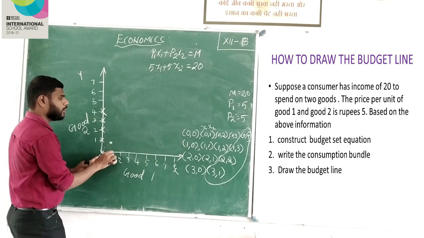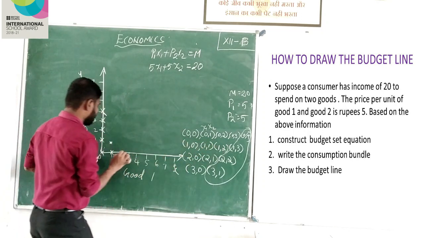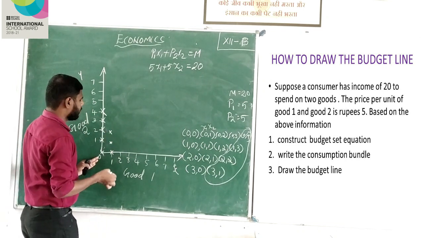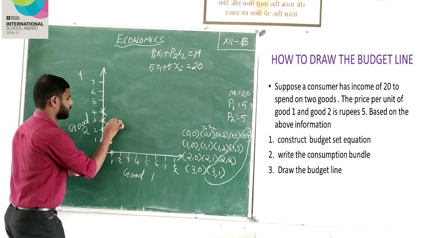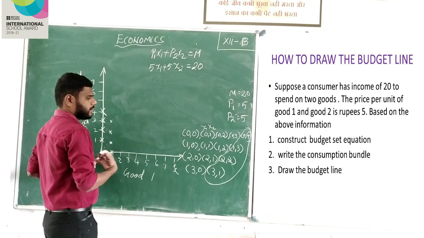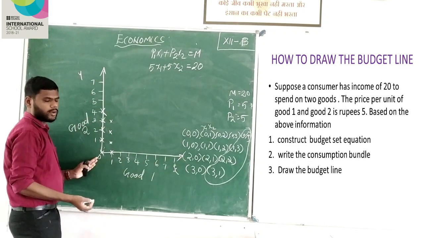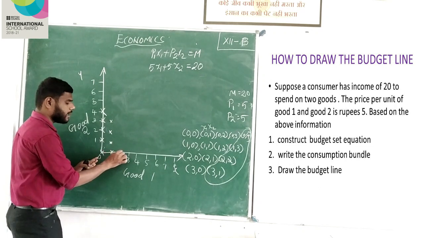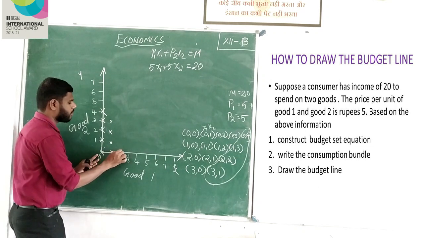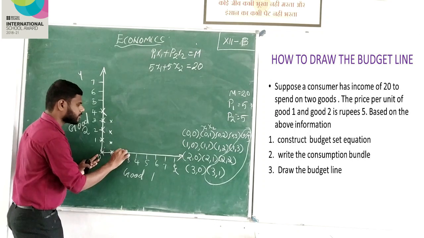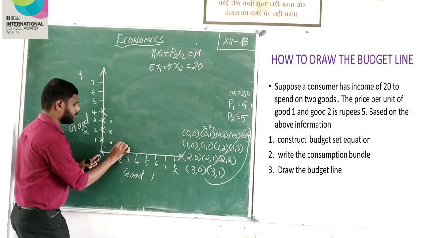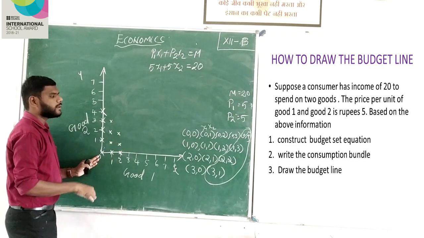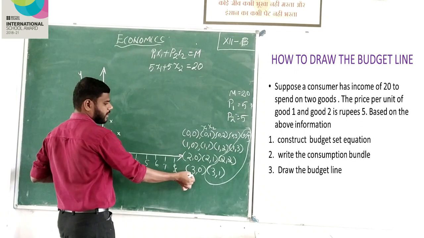Then 1, 2, that is x1 is 1, x2 is 2. Next 1, 3, that is here. Next 2, 0, that is x1 is 2 and x2 is 0, here. Then 2, 1. Then 2, 2.